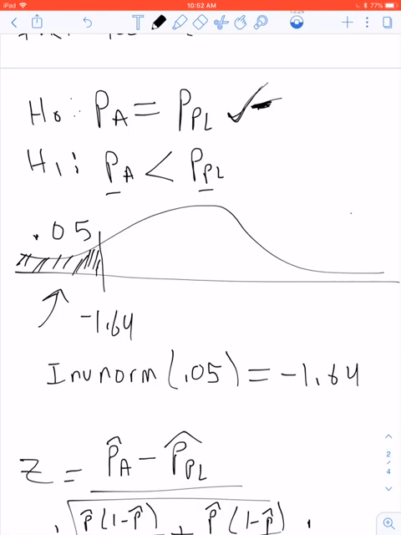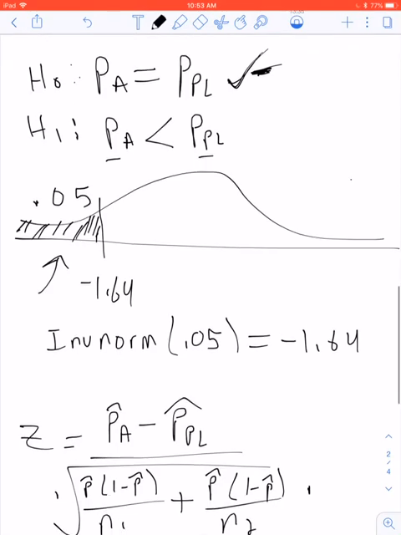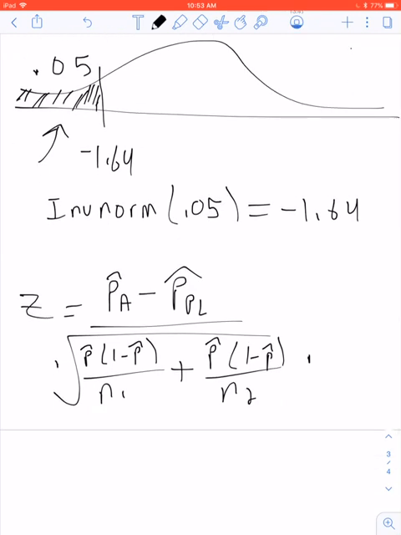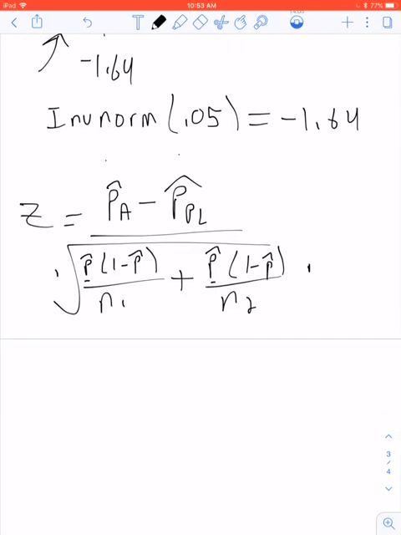Well, if the proportion of people who get cancer while taking aspirin every day is equal to the proportion of people who get cancer while taking a placebo every single day, then these two things are the same, so underneath here, this p hat and this p hat should be the same number. Problem is, I don't know what this number is. I'm trying to estimate the true proportion for each of these. I definitely don't know the overall total of people who are going to get cancer. So what I do instead is I pool the data.